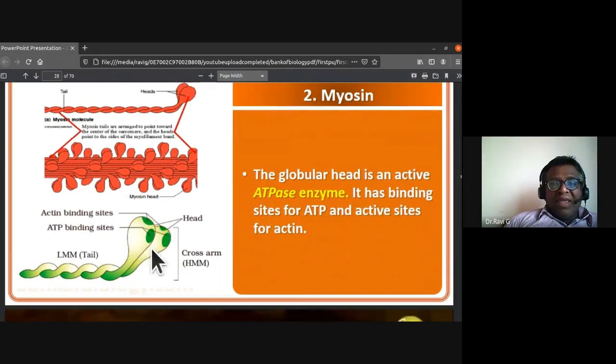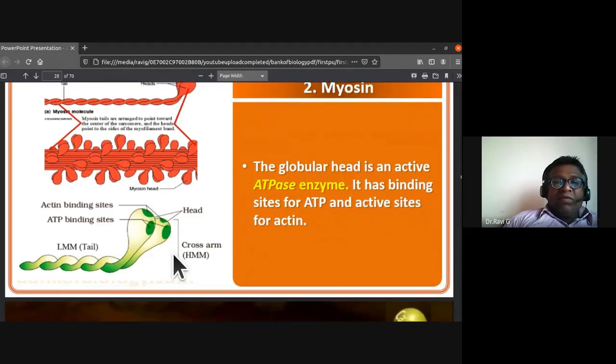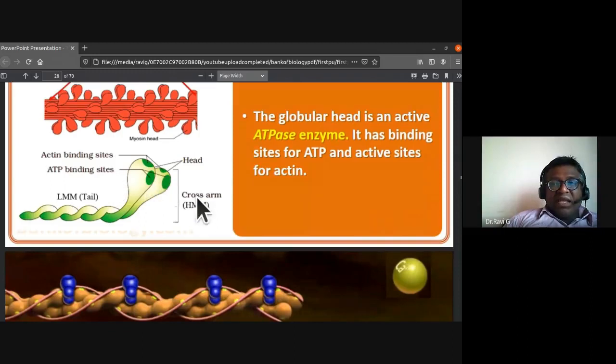The globular head of the heavy meromyosin is an active ATPase enzyme. It has a binding site for ATP and an active site for actin.